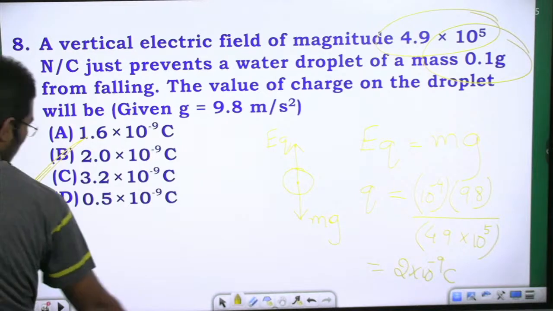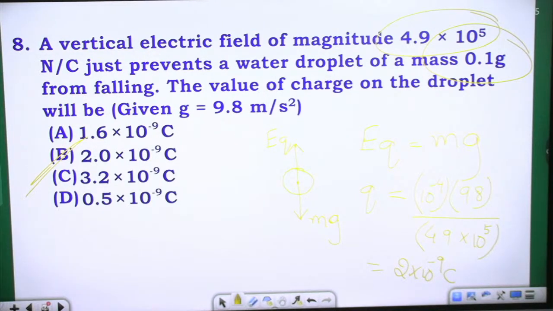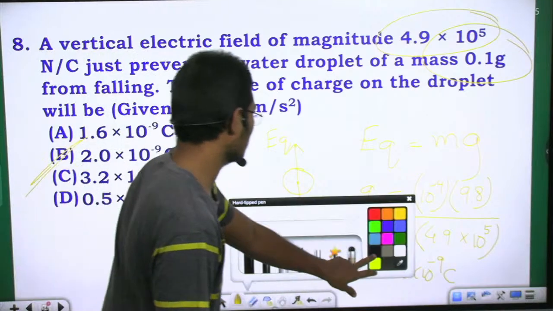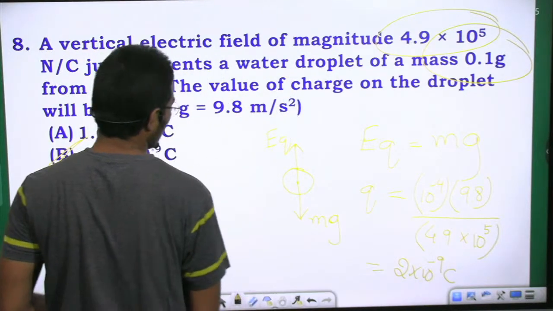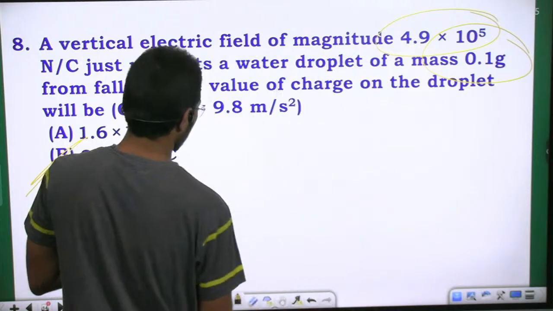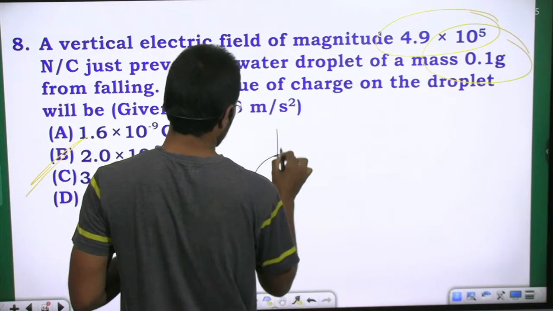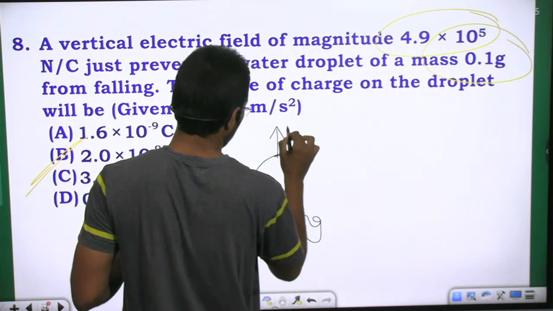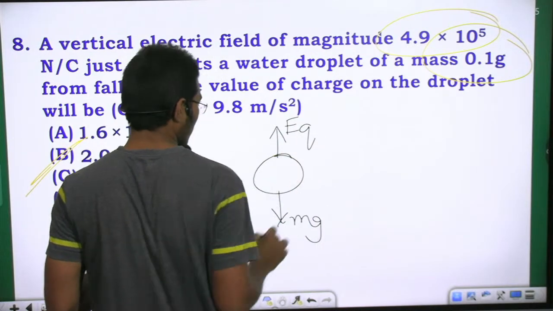Okay, let me not use yellow color. Let me use some other color. So let me explain again. I guess it's not visible, right? See, mg equal to EQ.